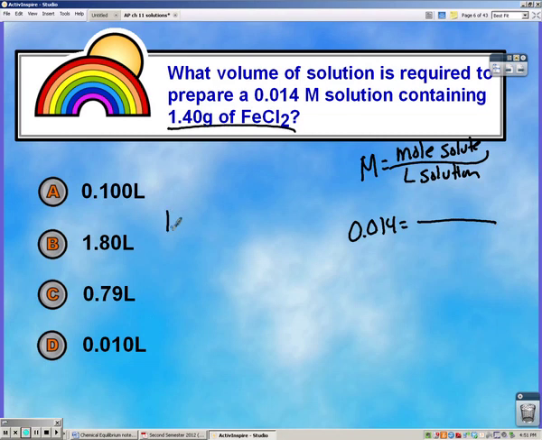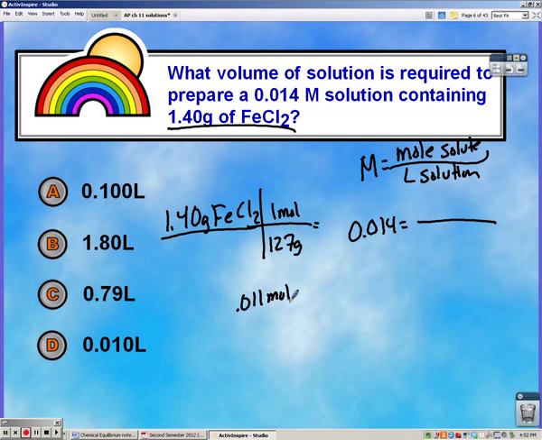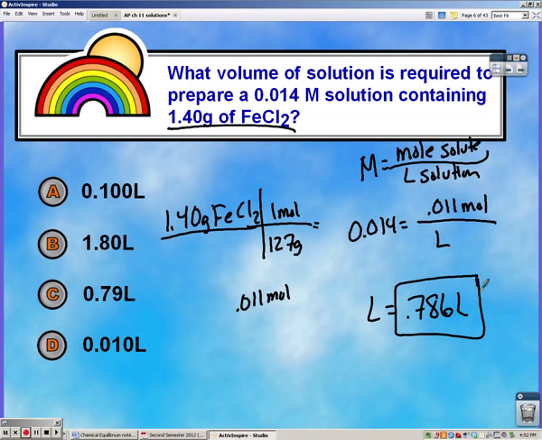So I can convert my grams to moles. Doing so, I get 0.011 moles. And now I can easily solve for liters by multiplying both sides by liters and then dividing by 0.014. And so my liters is 0.786, which is C.